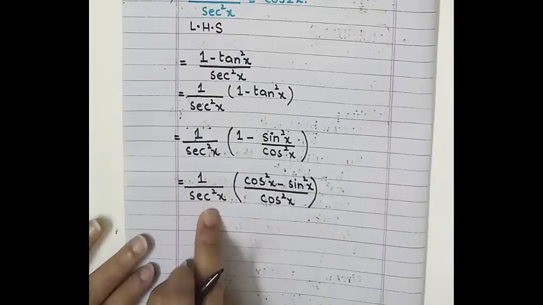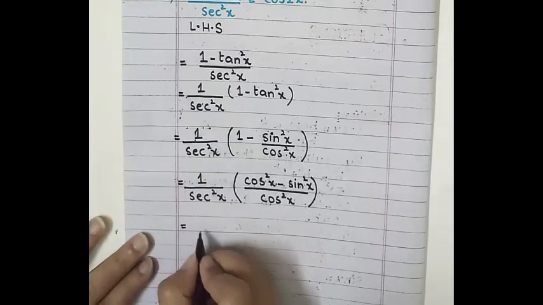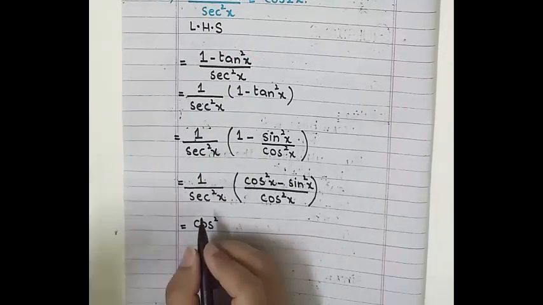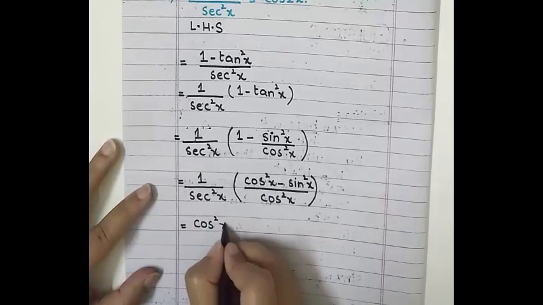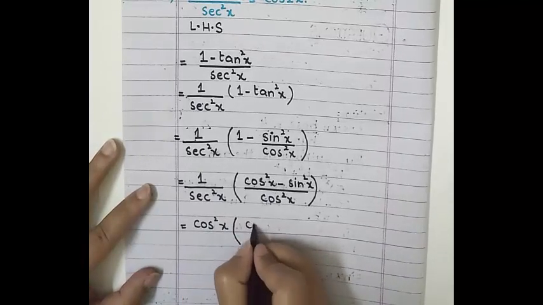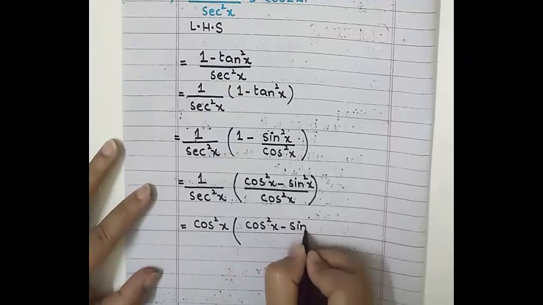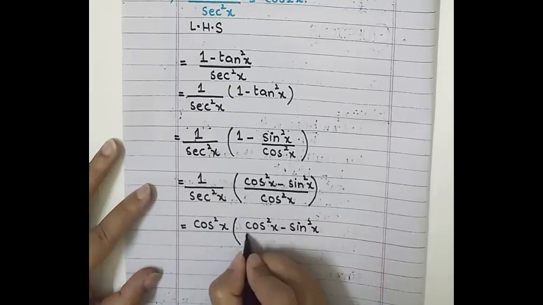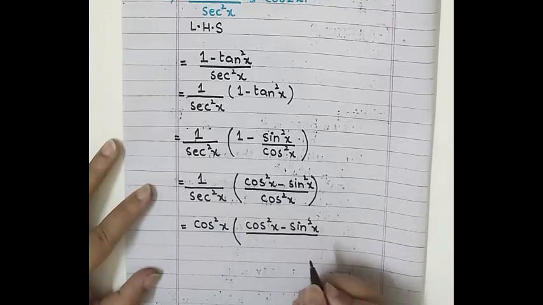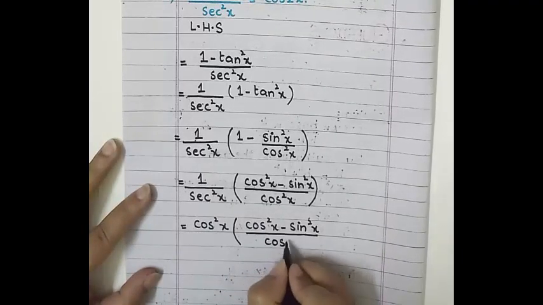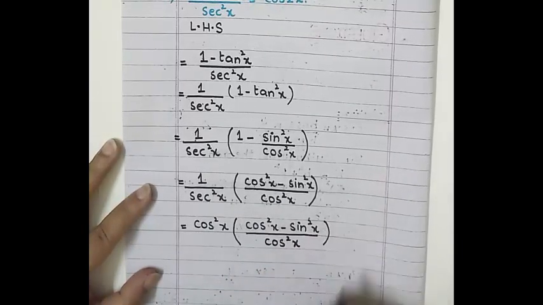Now 1 over secant square x is equal to cos square x, because secant is the reciprocal of cos, and we have cos square x minus sin square x divided by cos square x.